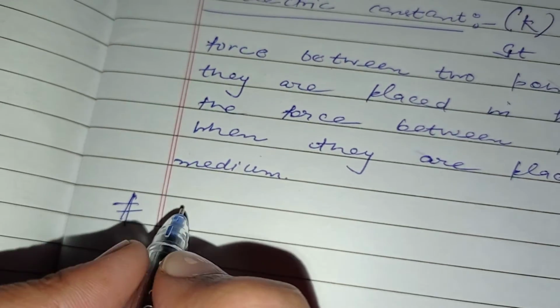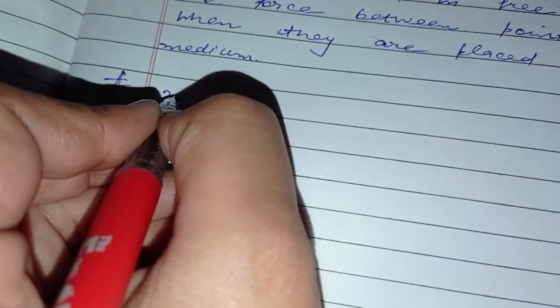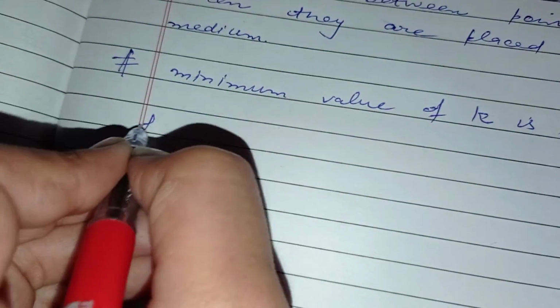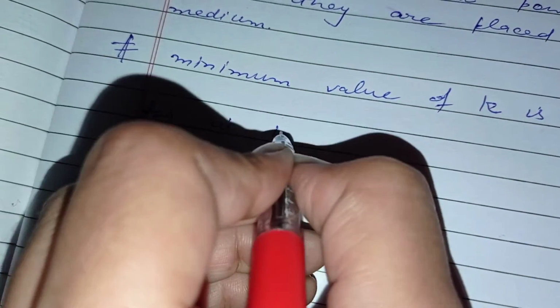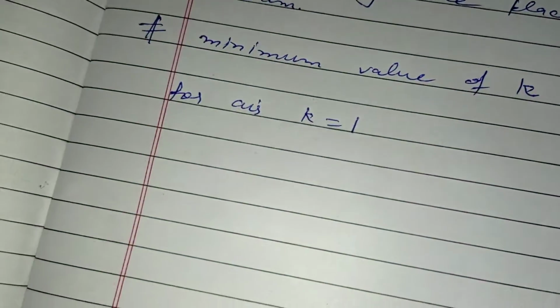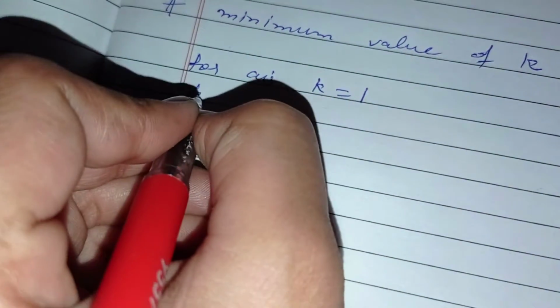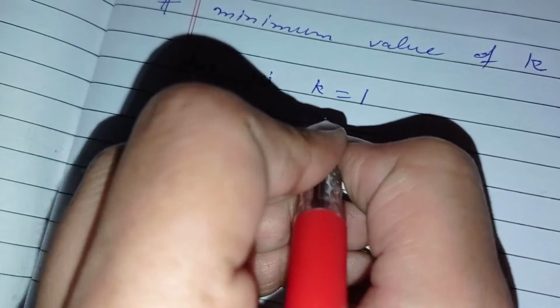Okay, we can write the minimum value of k is 1. For air k is equal to 1 and for wax k is equal to 2.